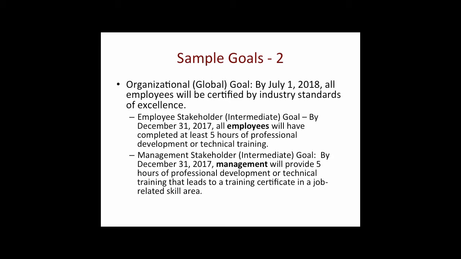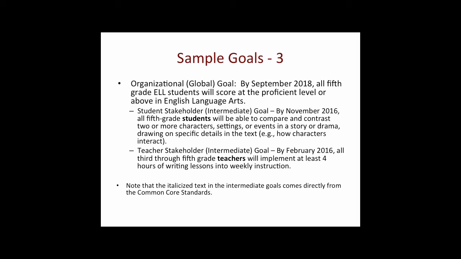So notice again, the test is the stakeholders must achieve these goals in order for the organization to achieve its organizational goal. And so that's how they have to align. You hear this word a lot, and I keep emphasizing it, but that's one of the keys.